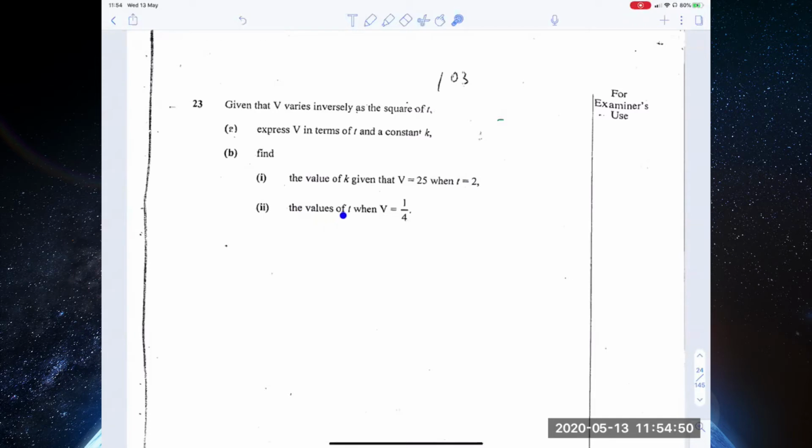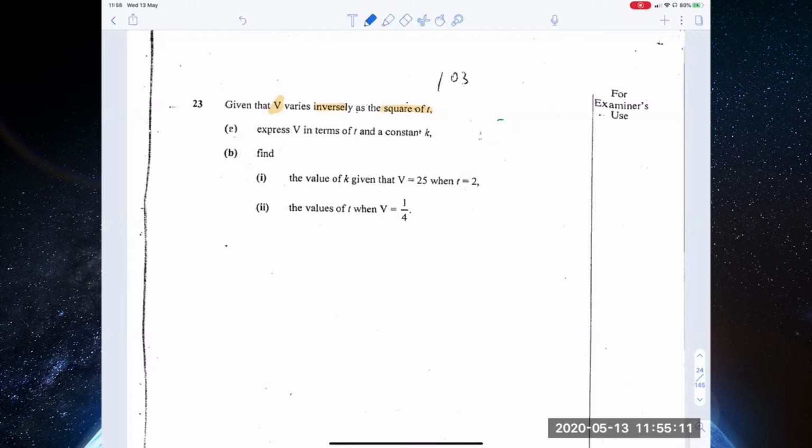And find the given values of t when V equals 1/4. So we need to start with the first sentence, isn't it? Given that V varies inversely as the square of t, how do we write that down?